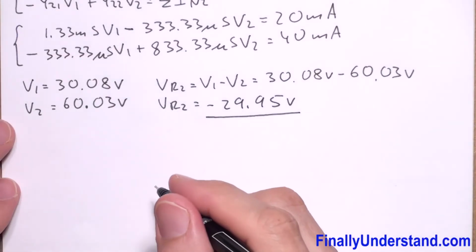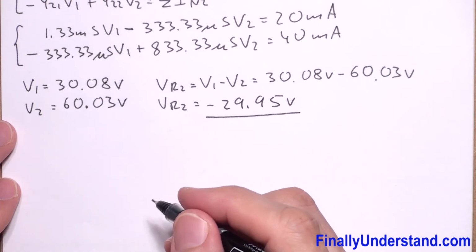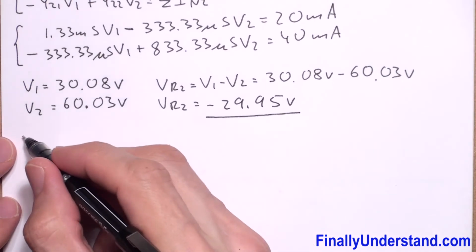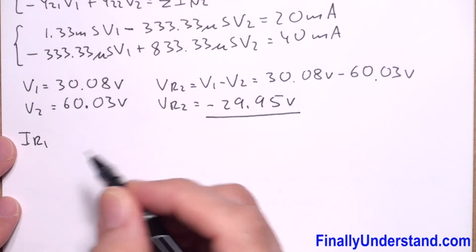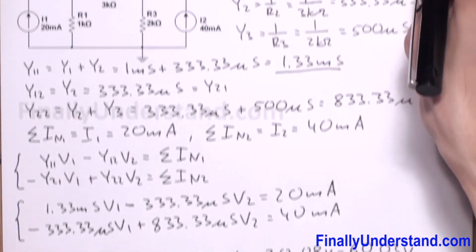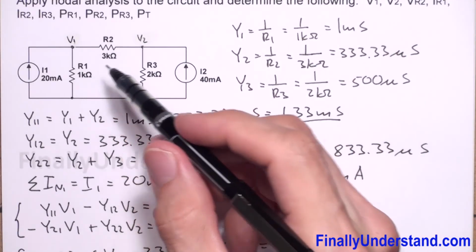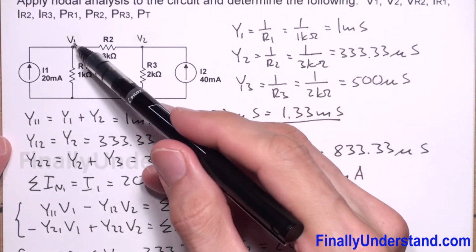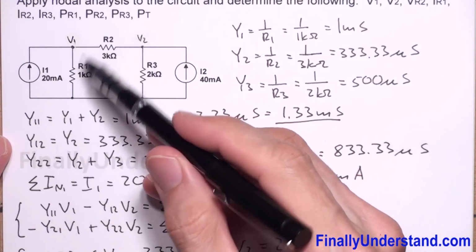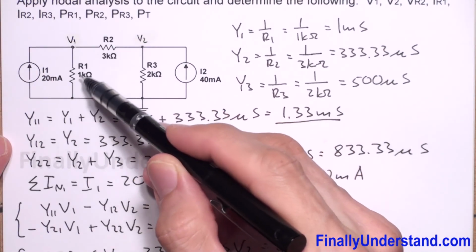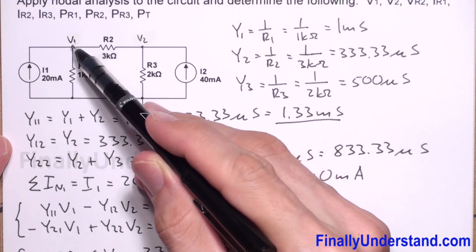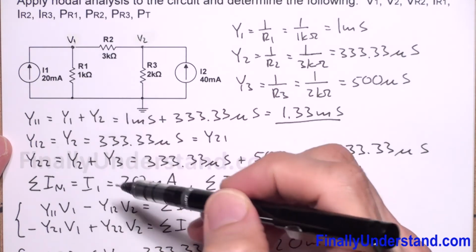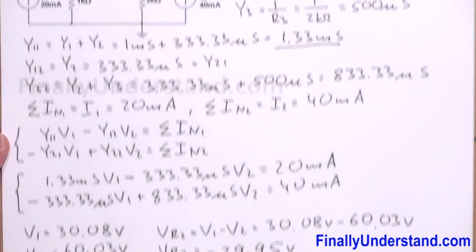Next, I'm supposed to find the current IR1. So this is the current which goes through resistor R1. Please notice that the voltage V1 is the voltage which will occur across resistor R1. So V1 divided by R1 is going to give me IR1.